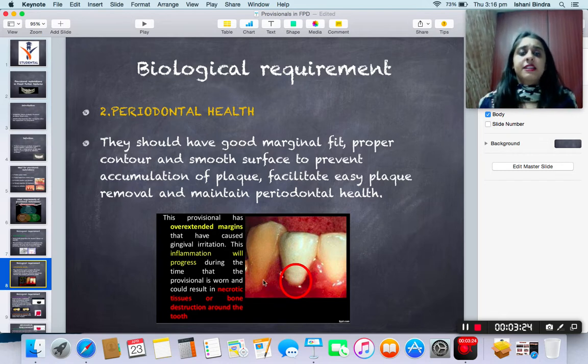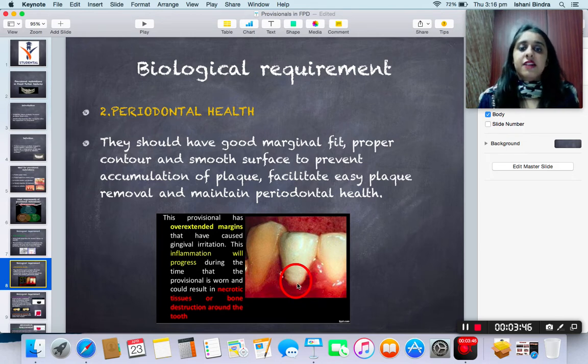For example, in this patient, the margin of the provisional restoration is overextended and it is impinging on the marginal gingiva. Hence, we can see the gingiva is reacting to this overextension by showing signs of inflammation. If this temporary crown is placed in the patient's mouth for a longer period of time, the gingiva will react by showing signs of gingival recession and bone loss.